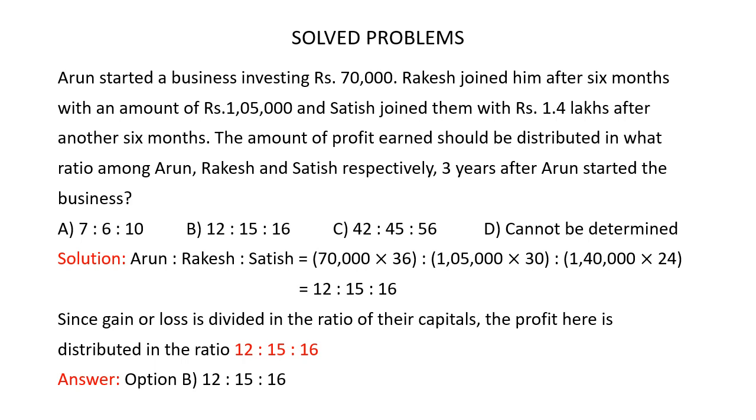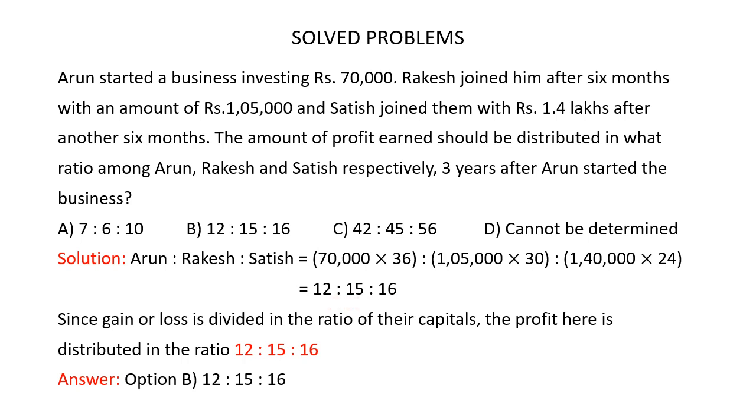So the ratio of the investment of Arun, Rakesh and Satish is equal to 70,000 multiplied by 36 is to 1 lakh 5,000 multiplied by 30 is to 1 lakh 40,000 multiplied by 24. When you simplify this, you get the ratio 12 is to 15 is to 16.